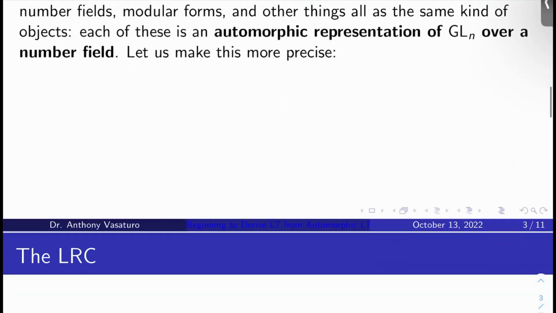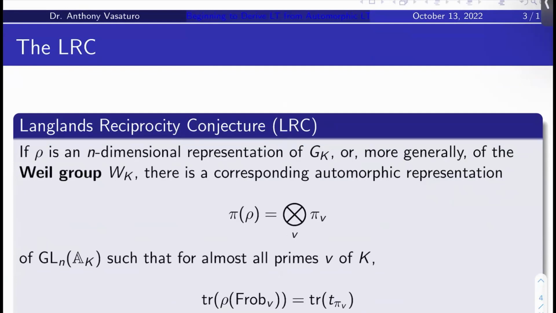Let's make this a little bit more precise by placing it within the context of the Langlands program. Let's look at the Langlands reciprocity conjecture, which from here on out we'll call the LRC. Here's what it says.